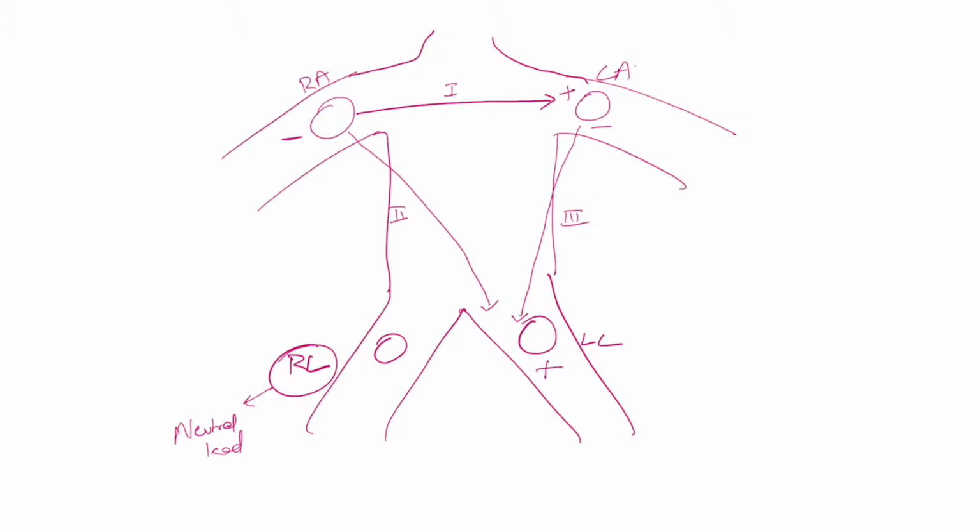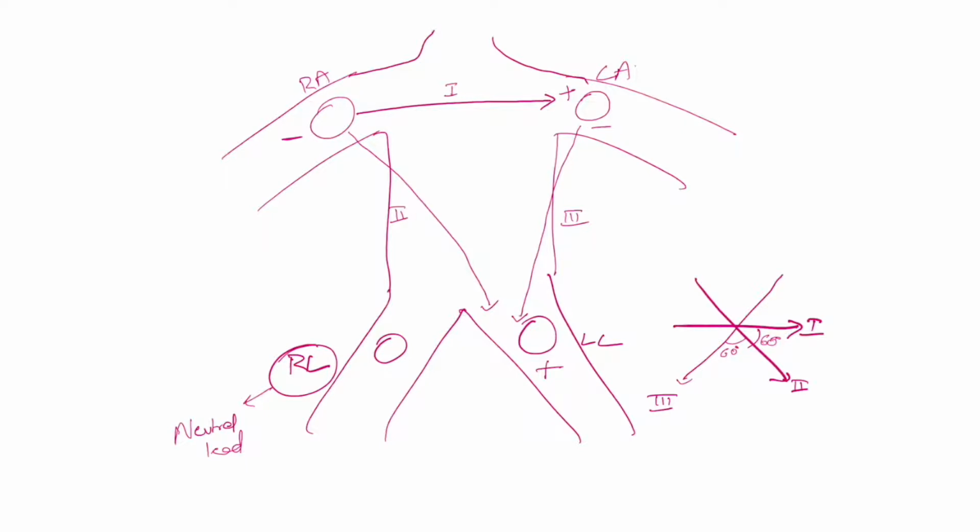In essence, if you were to extrapolate it to the side, you have lead 1, you have lead 2 at approximately 60 degrees. And then you would have lead 3, and this would be at 60 degrees. So the total would be 120 degrees.